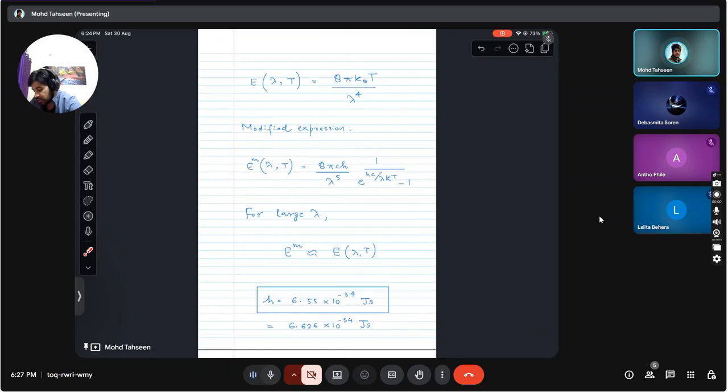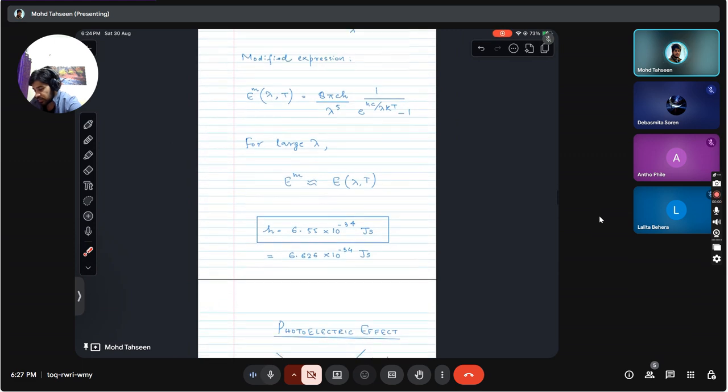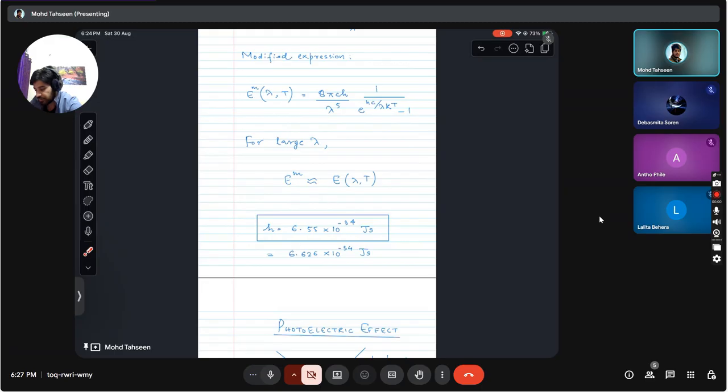When he plotted his equation and tried to fit the experimental data, because h was an undetermined parameter at that time, he found the value of h to be 6.55 times 10 to the minus 34, and the current accepted value is close to this. So this is how Planck's constant came into being, and the entire field of quantum mechanics started.